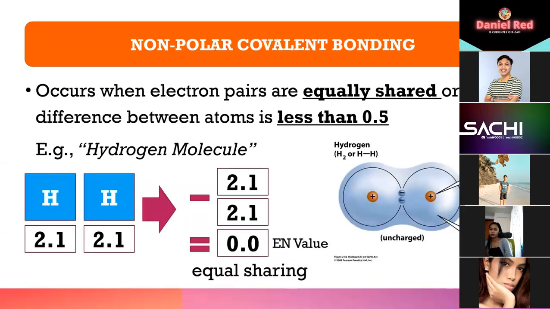And this will become the EN value of this particular molecule. As you can see, the difference between the two elements is 0. Therefore, there is equal sharing of electrons. You can also observe it in the illustration presented.